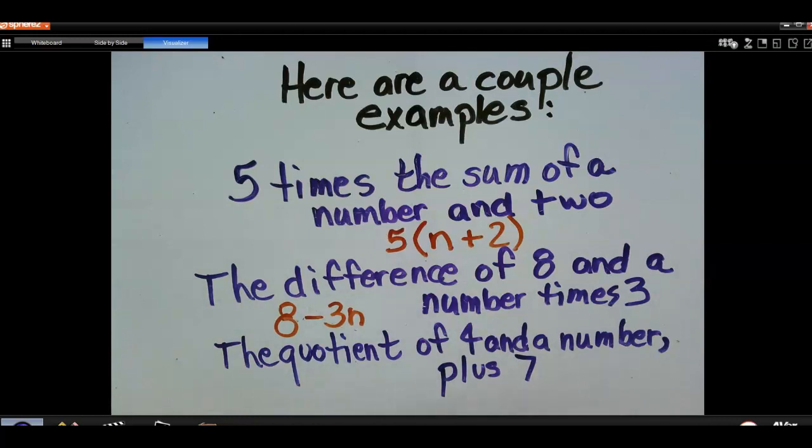And last but not least, the quotient of 4 and a number, comma, plus 7. So the quotient means we're going to divide. So 4 over a number, plus 7.